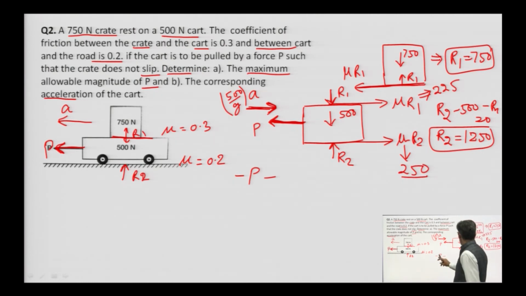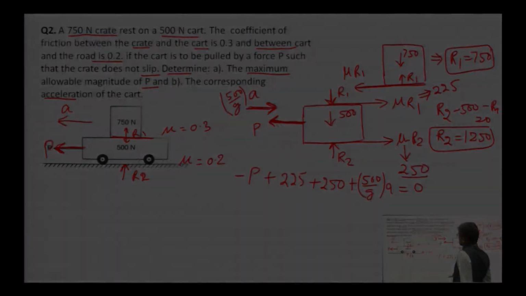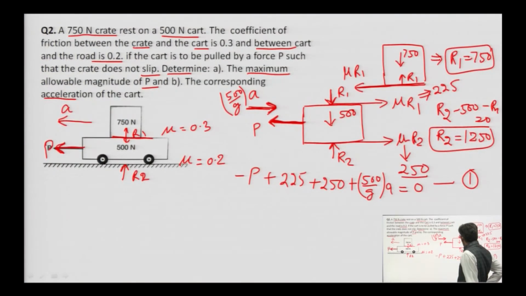So minus P plus 225 plus 250 plus 500 by G into A is equal to 0. So we need to derive one more equation.